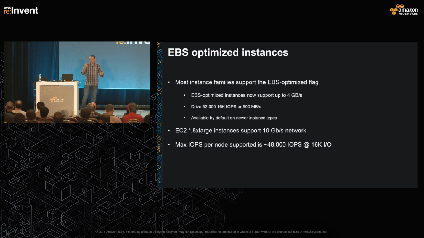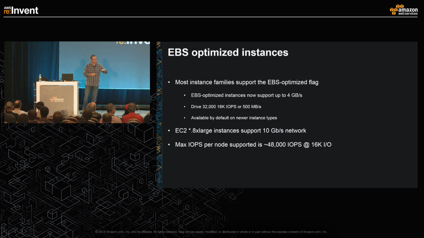Newer generation instances are actually EBS optimized by default, and this includes our M4, C4, and D2 instance families. And the 8 extra large instances actually have a 10 gigabit network. The EBS optimized by default larger instances also have an additional EBS bandwidth.